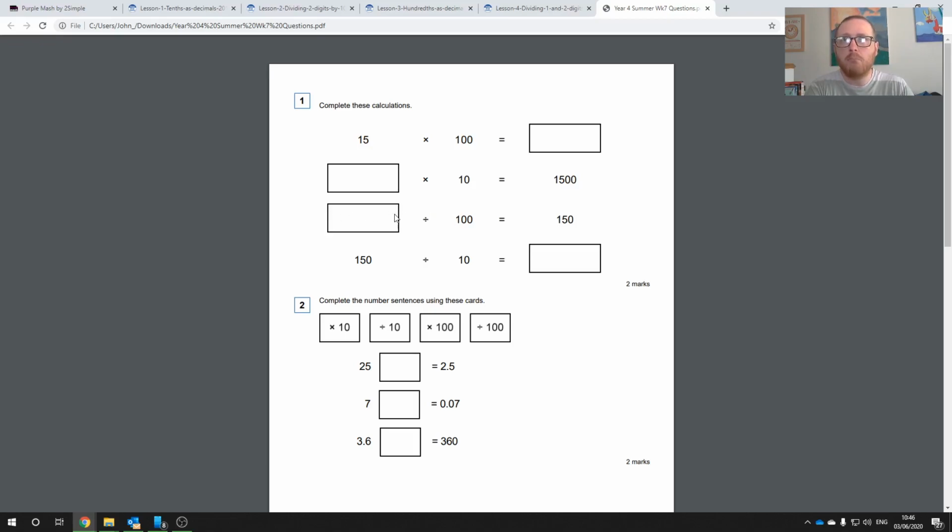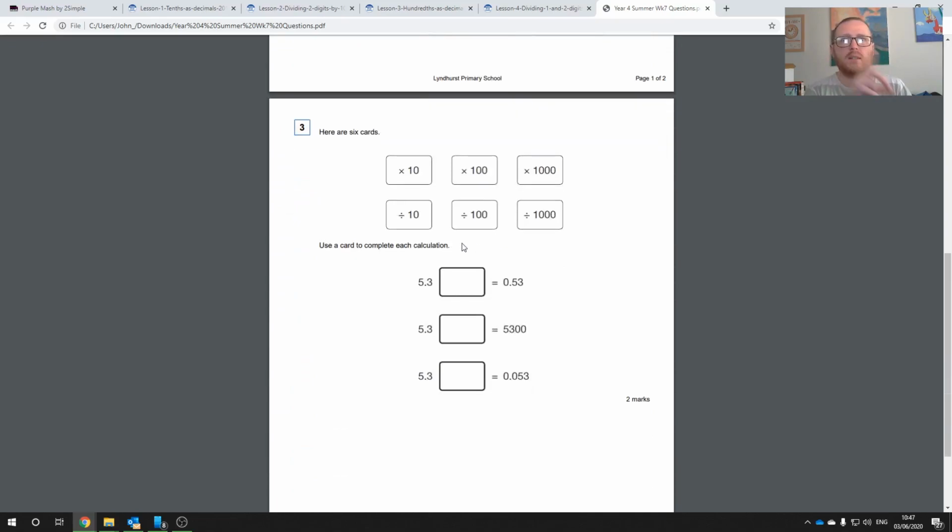So a number, when you share it into 100 different pieces, is 150. Means you've got 100 lots of 150, 100 groups of multiplication.